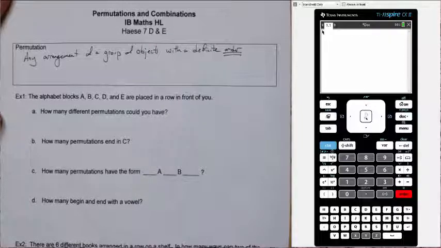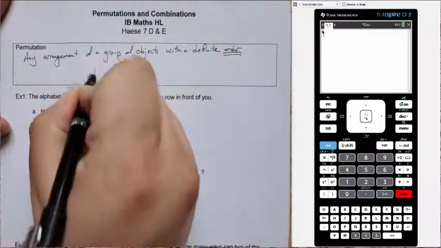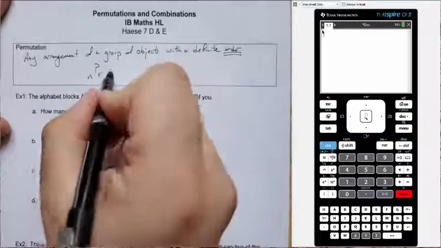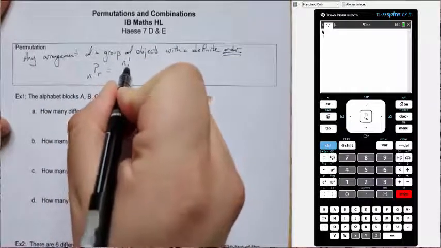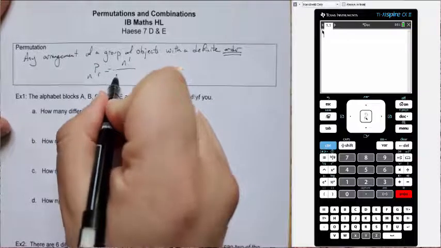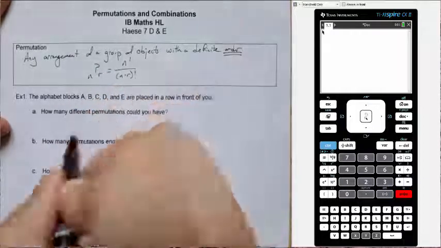There's a notation for calculating permutations because these are so common. You've probably seen and used them on your calculator. This is the permutation notation, or nPr. And using factorials, this is n factorial divided by n minus r factorial.